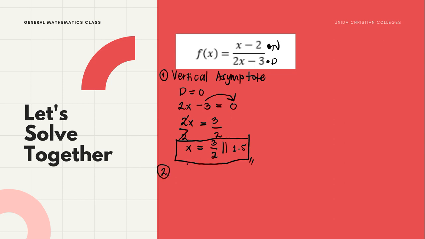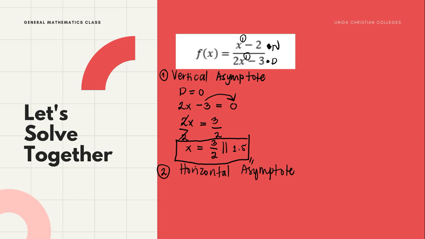Okay, next, number 2. We are solving for the horizontal asymptote. Si horizontal asymptote po ay makukuha natin based po sa degrees ng ating given. And then sa rule po din na given. Okay, so tingnan muna natin po ang ating degrees. Sa numerator, highest degree ay 1. Sa denominator, highest degree din ay 1.